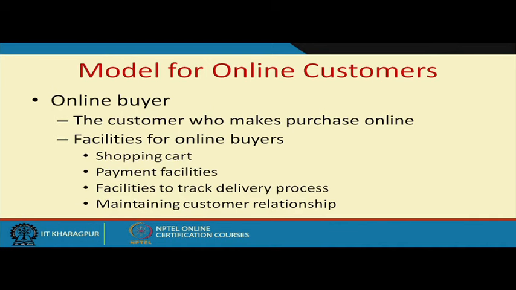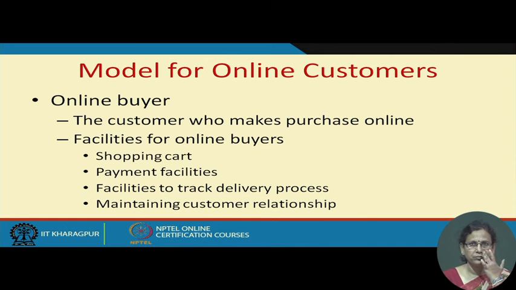Next is for making a buyer. The customers, the prosumers who, after getting motivated, actually buy the product are called online buyers. So, what are the facilities you make for online buyers? A shopping cart. Nowadays everybody is buying products from the internet, so we know what a shopping cart is.